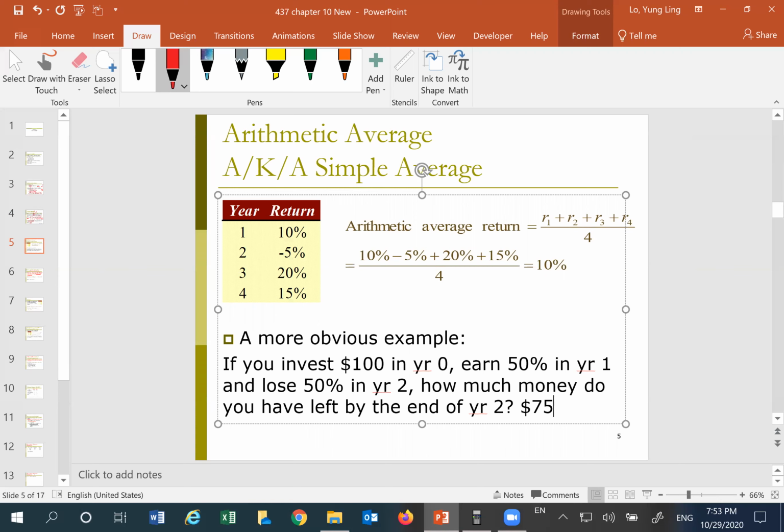So your overall return is actually negative. You started with $100 at time 0, and you ended up 2 years later with only $75.